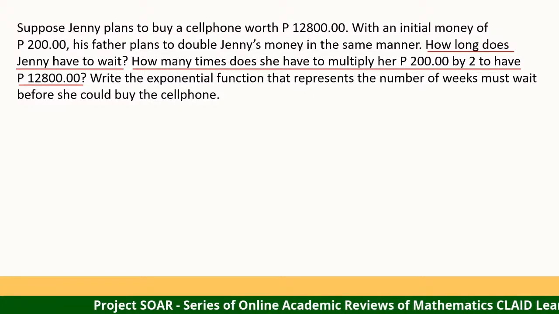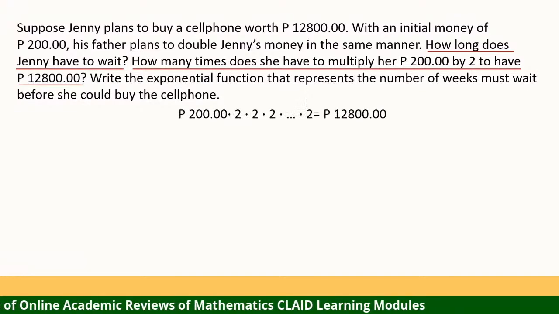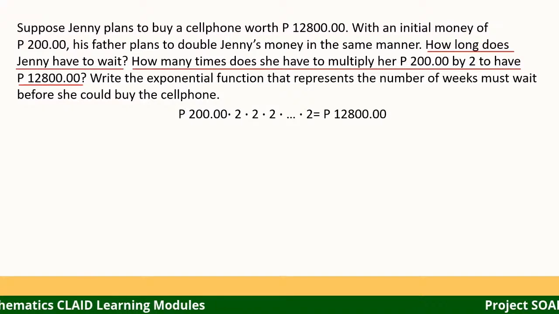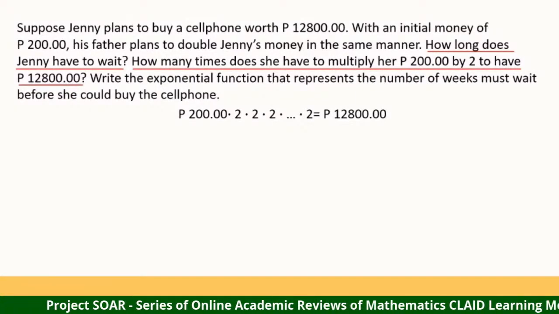So kung titignan at i-imagine natin, ganito ang kalalabasan niya: 200 pesos times 2 times 2 times 2 and so on and so forth to make it 12,800 pesos. So, paano natin kukunin yon?